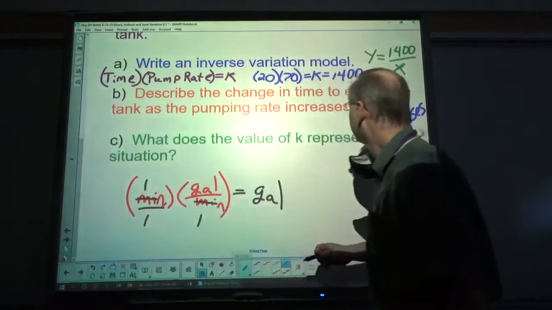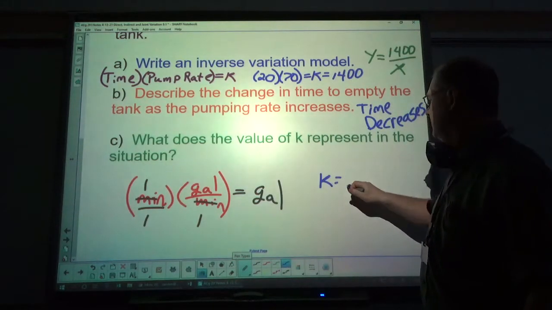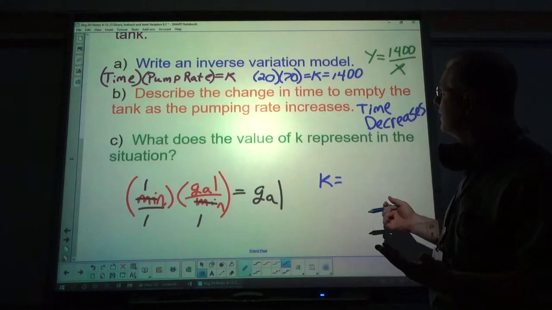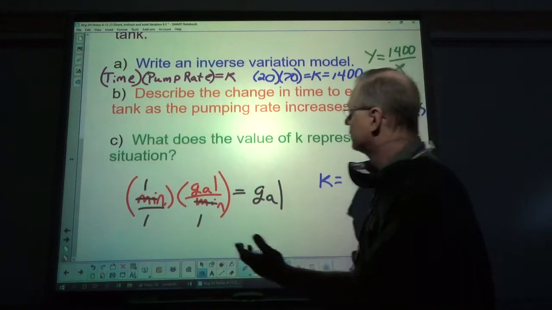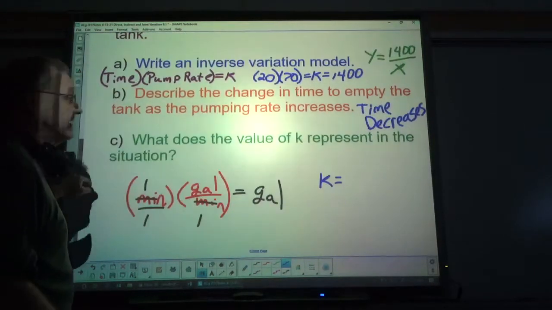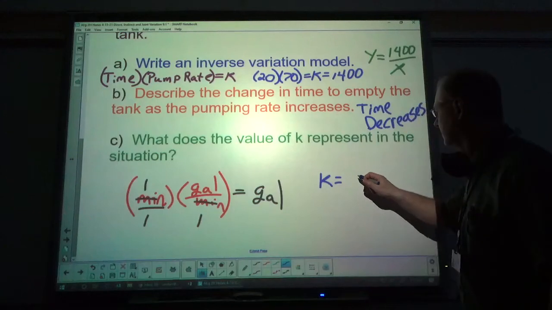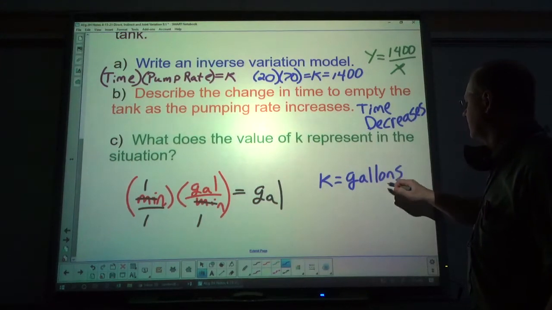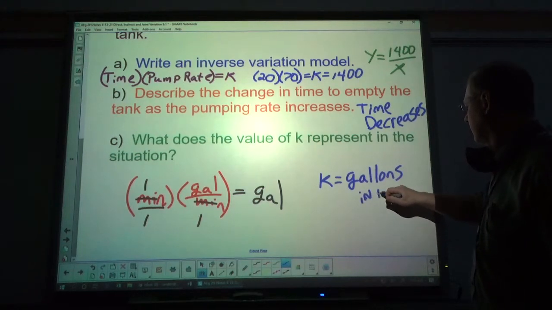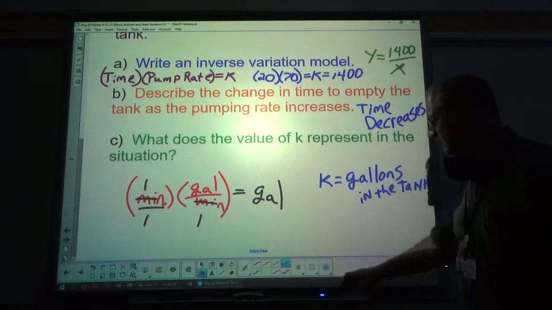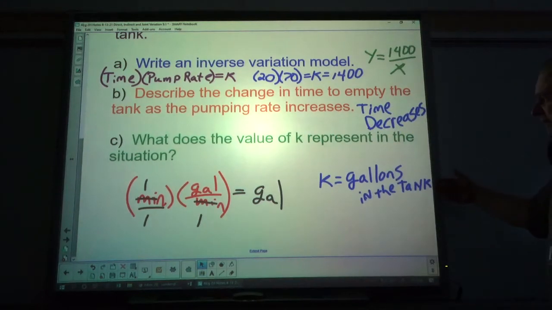So k is going to represent gallons in the tank. If you have a particular tank, that tells you how many gallons are in that tank. That's that constant.